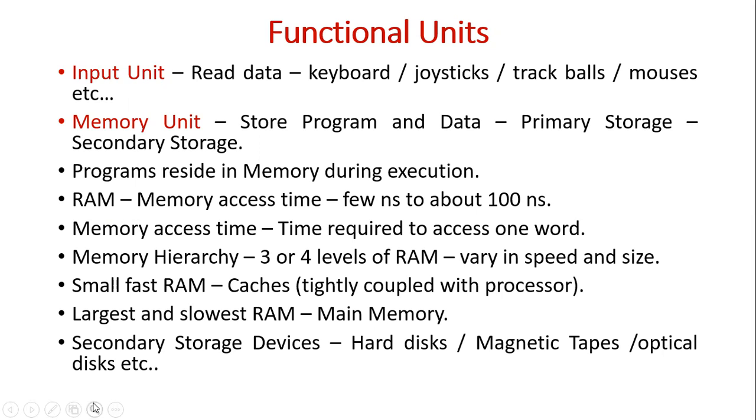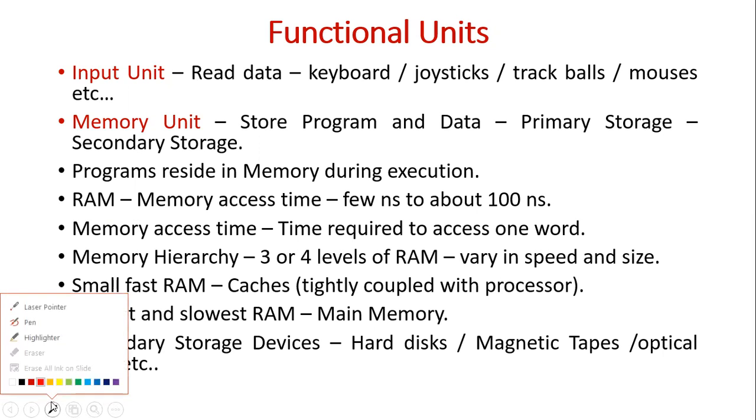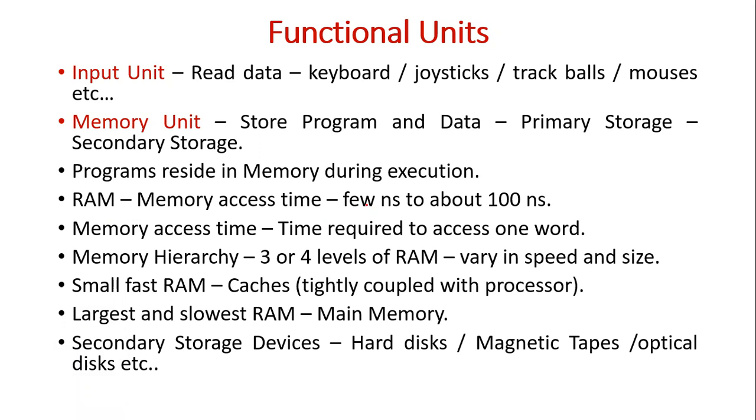For a RAM, random access memory, the memory access time ranges from a few nanoseconds to some hundreds of nanoseconds. In a typical computer, there may be 3 or 4 levels of RAM, and these levels may differ in speed and size.